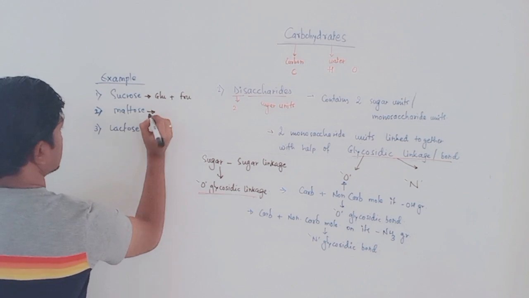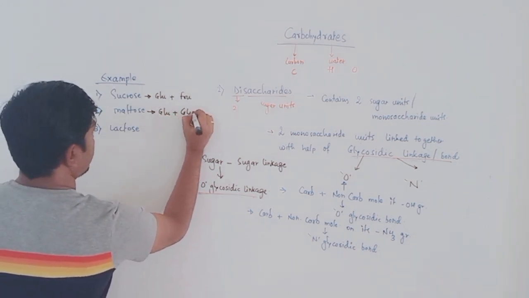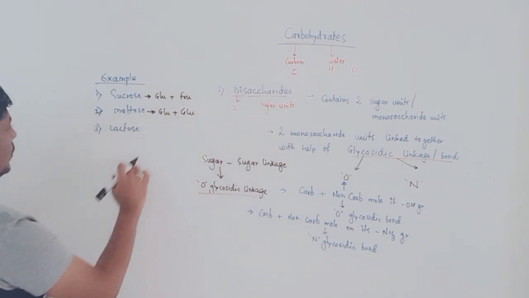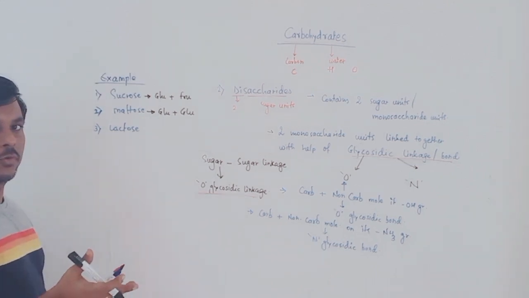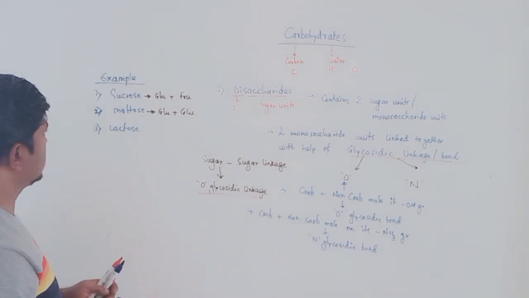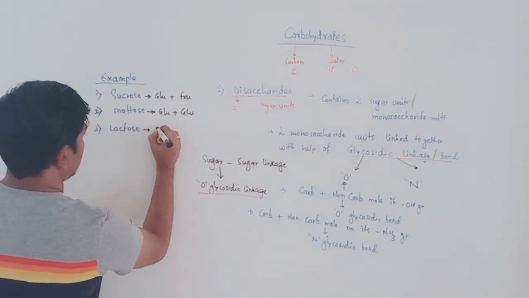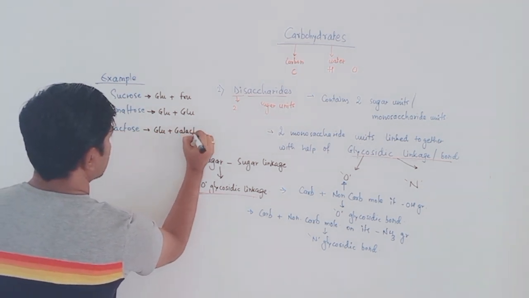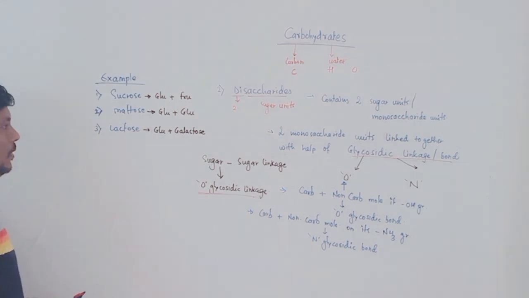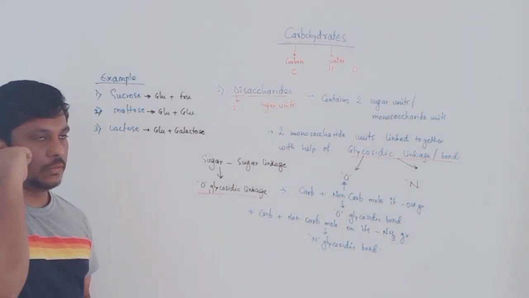Maltose is made up of glucose with glucose, so two glucose molecules combined together form maltose. One glucose molecule combined with one fructose molecule forms sucrose, and one glucose molecule combined with galactose, we get lactose. So we'll see one by one each of these disaccharides.